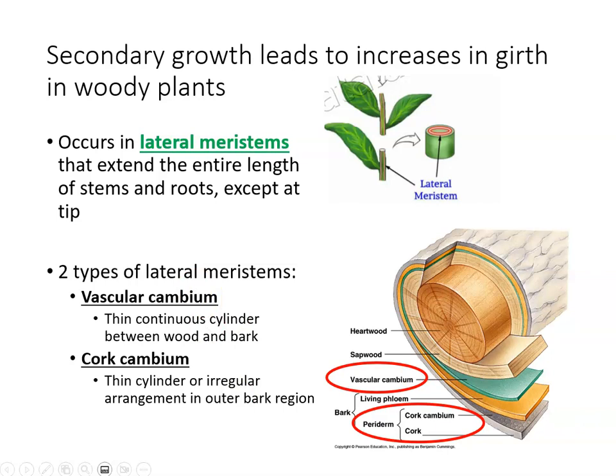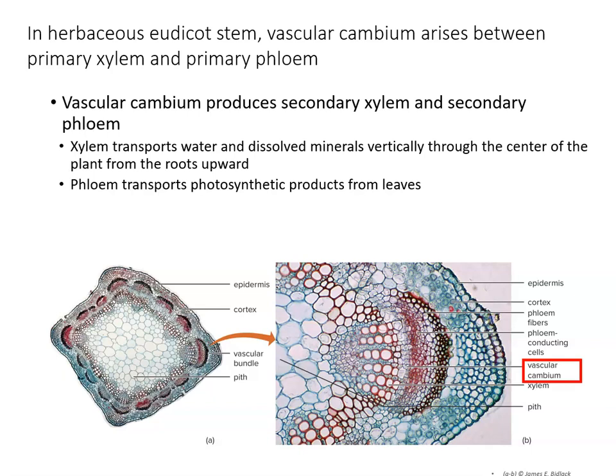So let's zoom in and take a closer look at an herbaceous eudicot stem at the vascular cambium that's between the primary xylem and the primary phloem, which, by the way, are the first xylem and phloem to emerge on a developing plant.